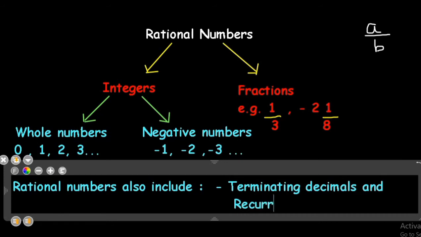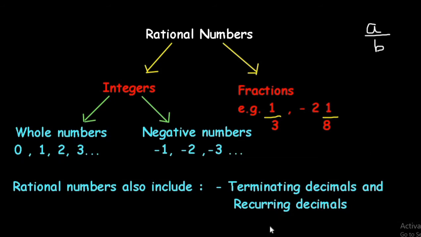And now I'm also going to tell you what are terminating decimals and what are recurring decimals using the examples from the above fractions. Alright, so if you look at the first example from fractions, that is 1/3. If I convert this fraction into a decimal, it is going to be 0.3333 and that will continue forever.